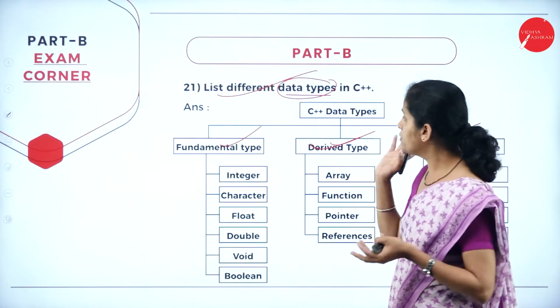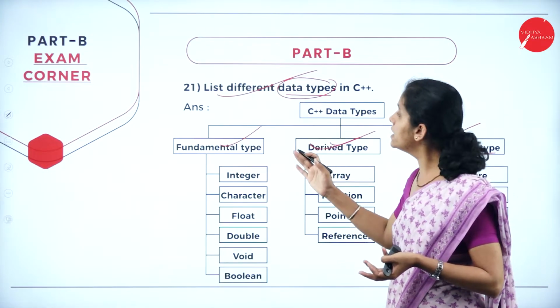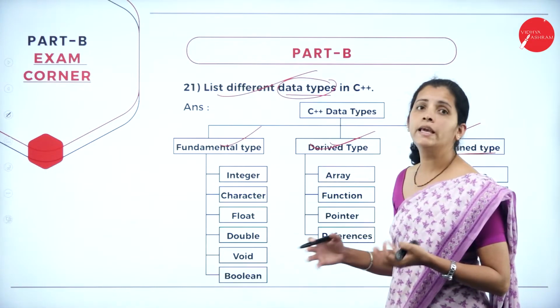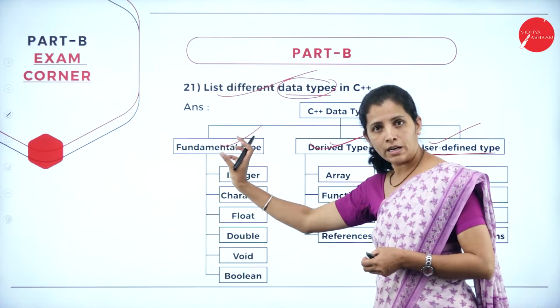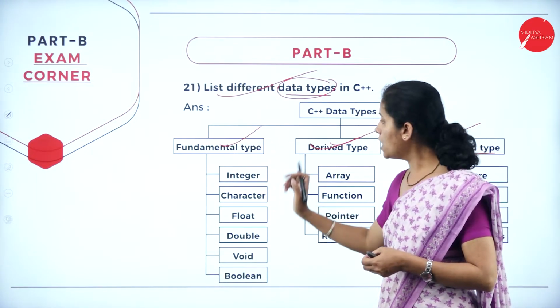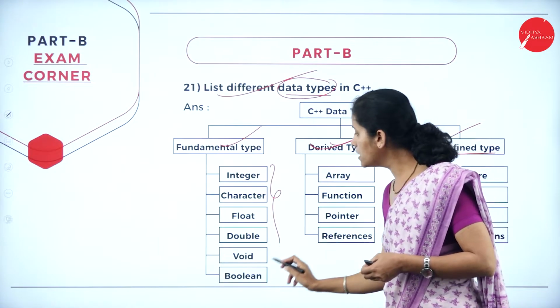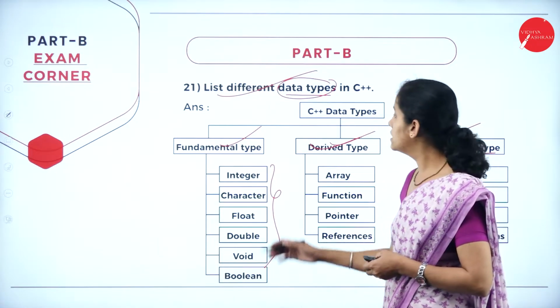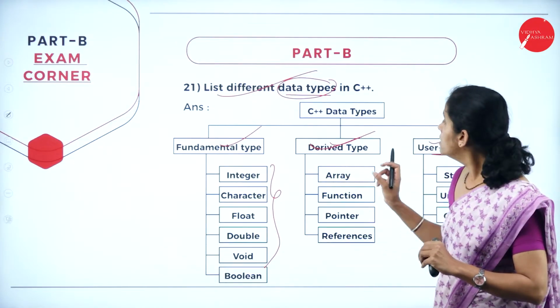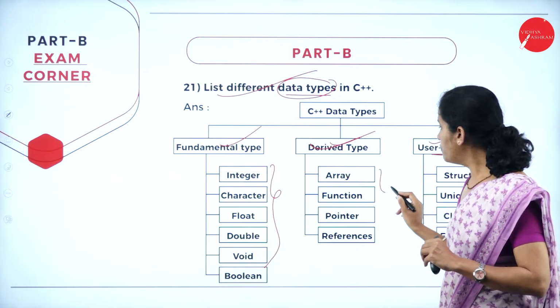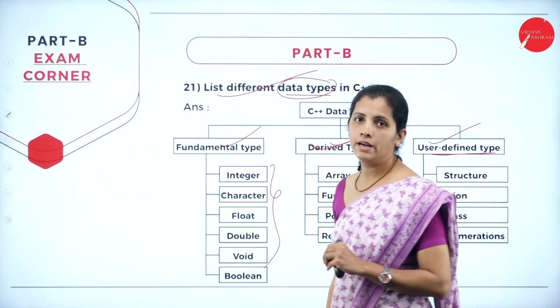If the same question is for 3 marks, then I want to write the examples. That means first I want to tell what are fundamental data types, along with the different types of fundamental data types, and I want to define what is derived data type and the 4 different types of derived data types.